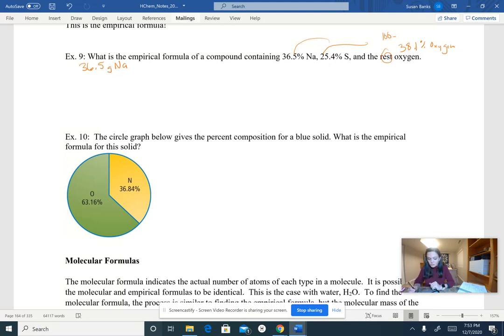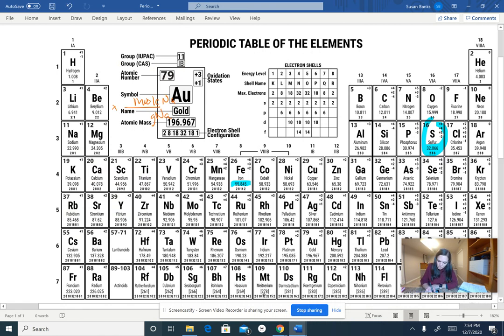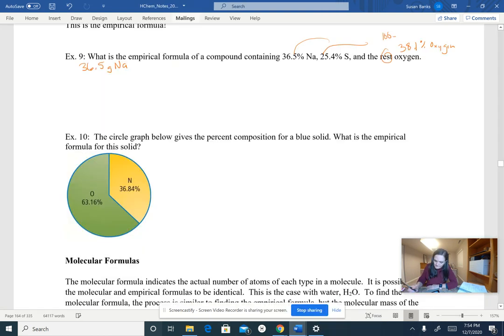Let's work on getting our sodium in moles. So I want grams of sodium on the bottom to cancel out, and I want moles on the top. I am misspeaking all the time today. So sodium, 22.990. So grams of sodium on the bottom to cancel out, and we decided it would be 22.99 grams in 1 mole of sodium.